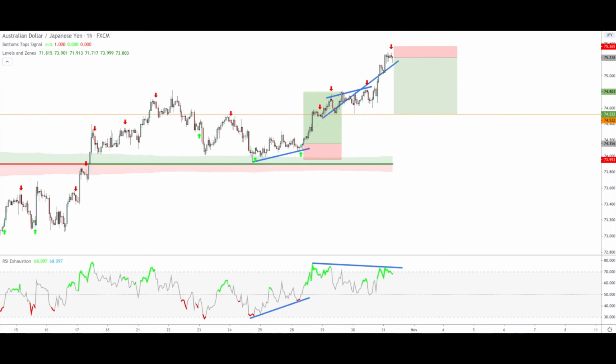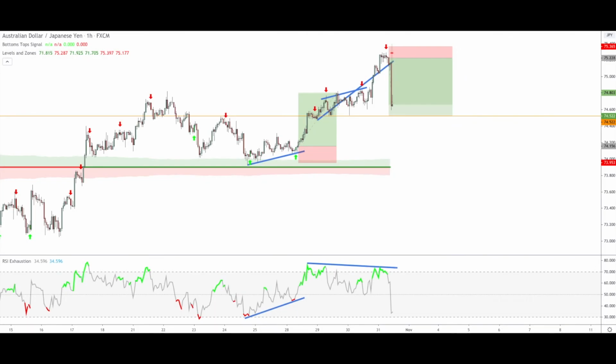Okay guys, so let's see if we get the trade and I'll keep you updated. The price is just dropping like crazy, so within one candle we are almost at the target. Of course we are not there yet, but I already moved my stop loss to break even so that I'm totally safe.